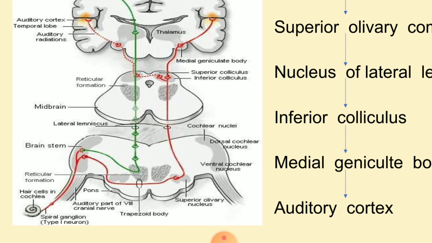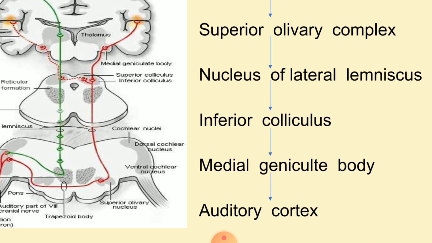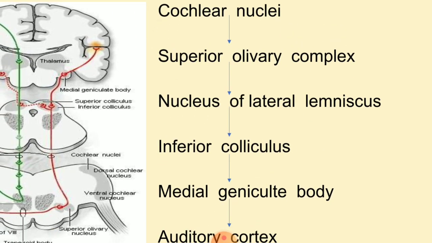Some fibers join the lateral lemniscus of the other side and some run ipsilaterally. The lateral lemniscus running on both sides ends in the superior olivary complex.